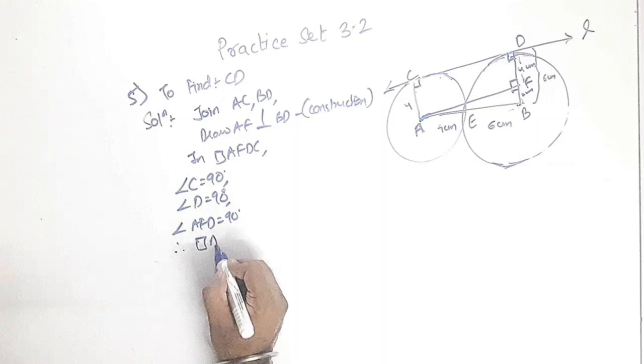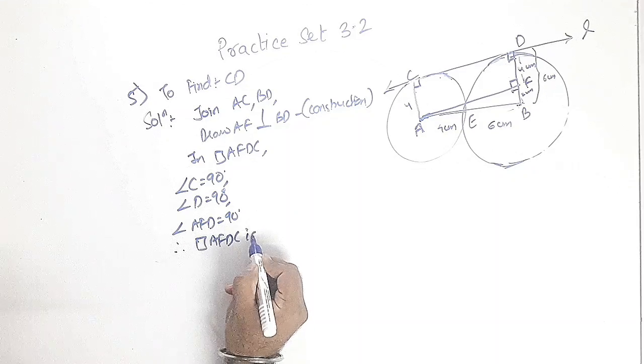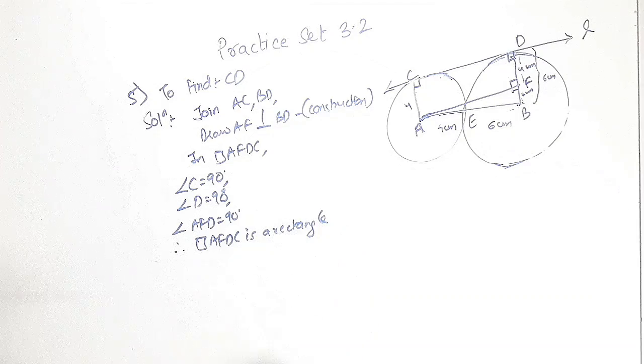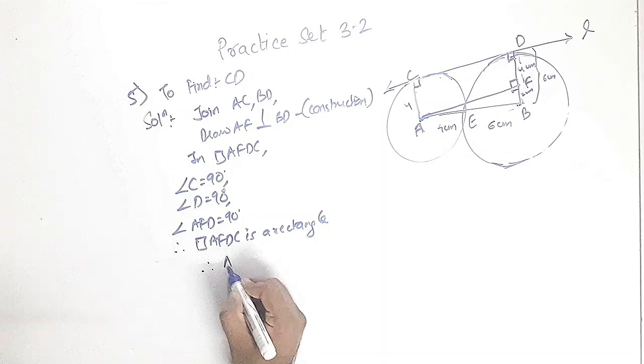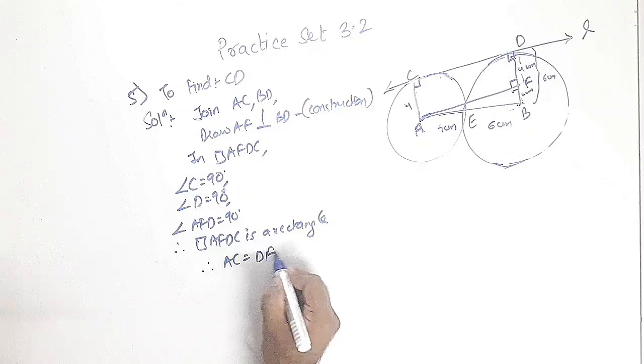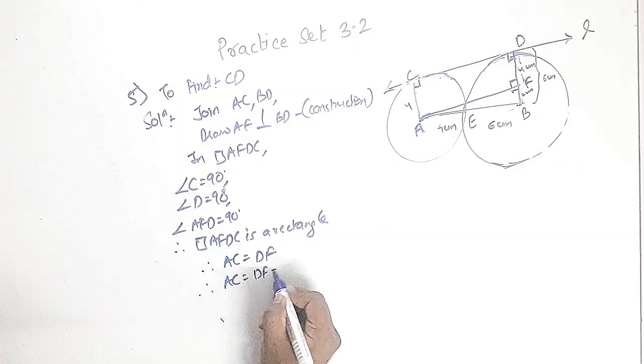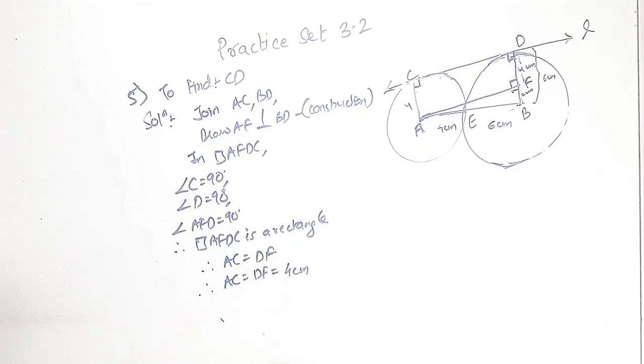Therefore, quadrilateral AFDC is a rectangle. Once you see any three angles of a quadrilateral are 90 degree, that means it is a rectangle. Therefore, can I write AC equals DF? Yes, AC will be equal to DF. Therefore, AC equals DF equals 4 centimeter.